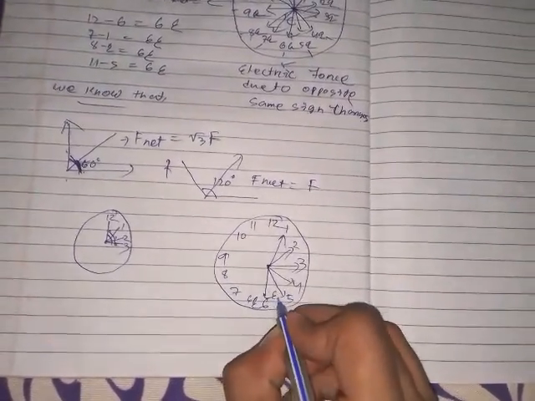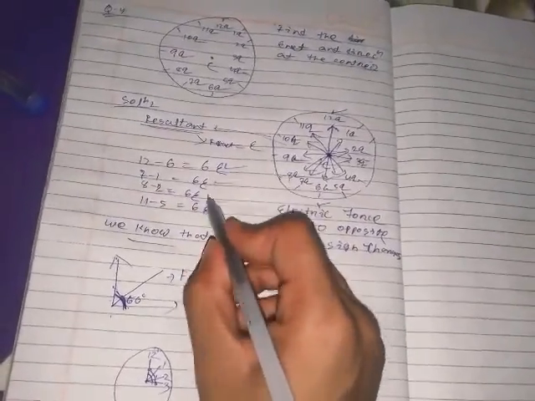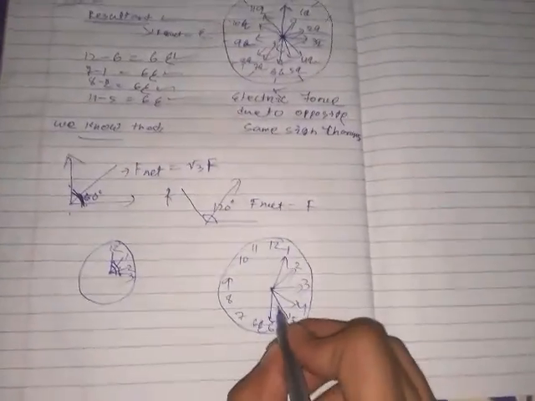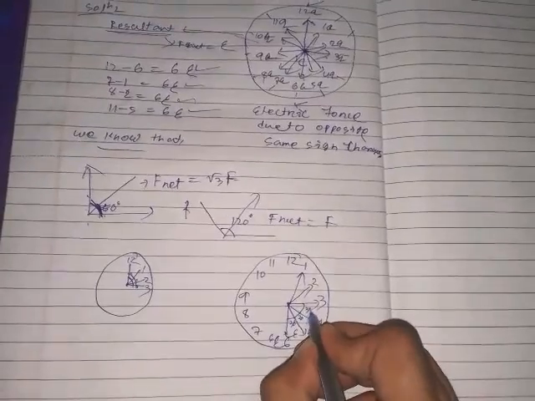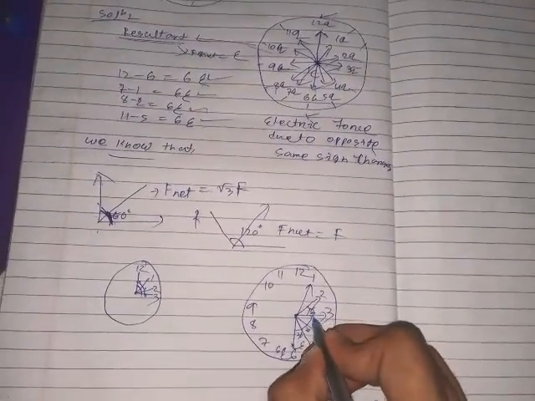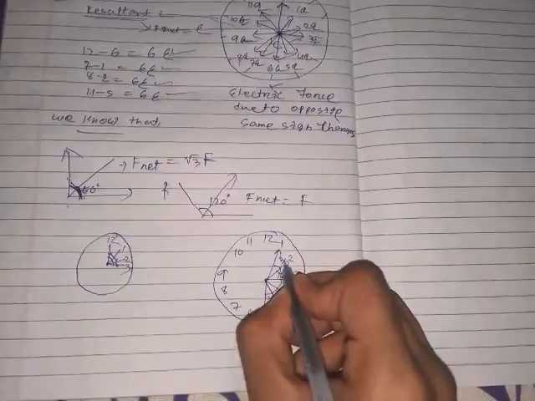All are 6E, as we have calculated. Each angle is also 30 degrees.